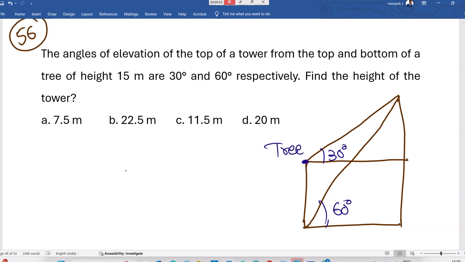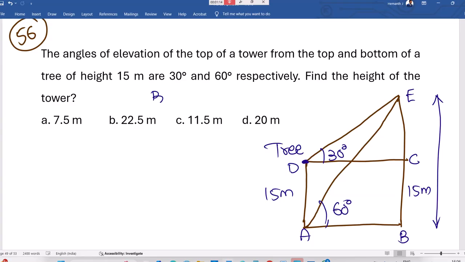You have to calculate the height of the tower. This tree height is 15 meters. Let's say A, B, C, D. B to C is 15. You need to calculate the BE value. So that's the problem.